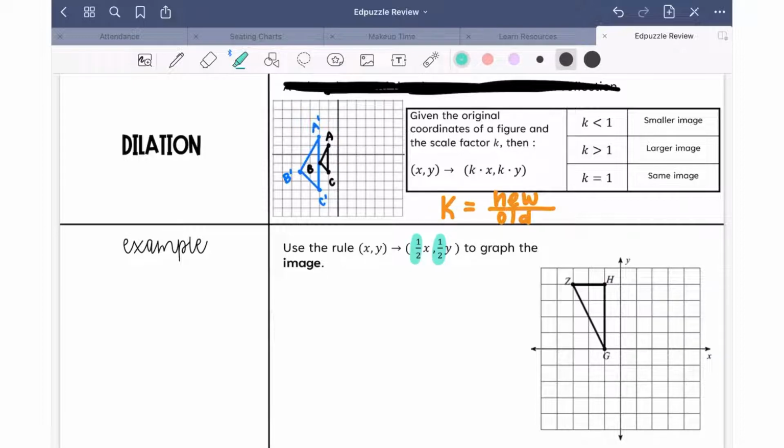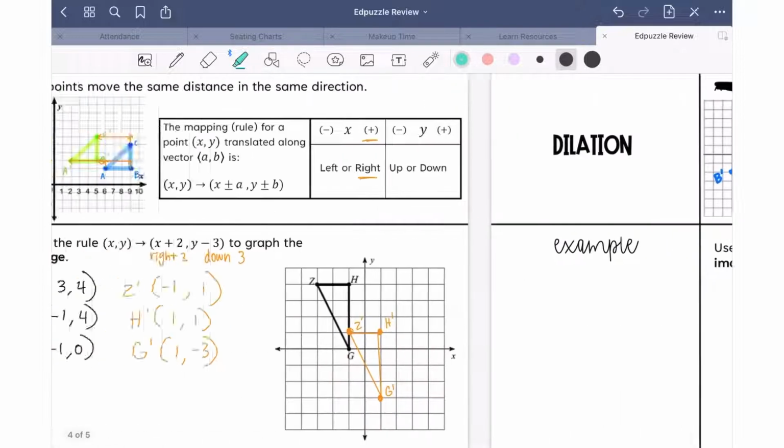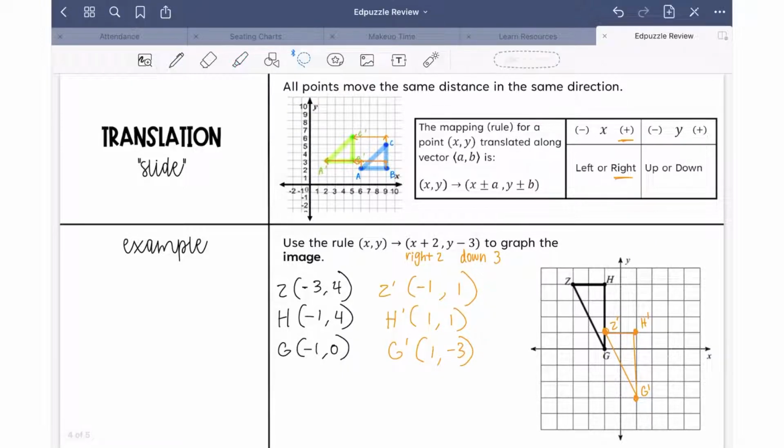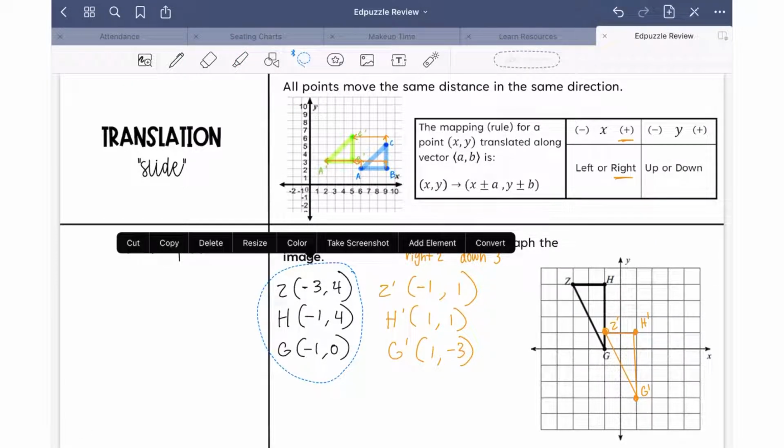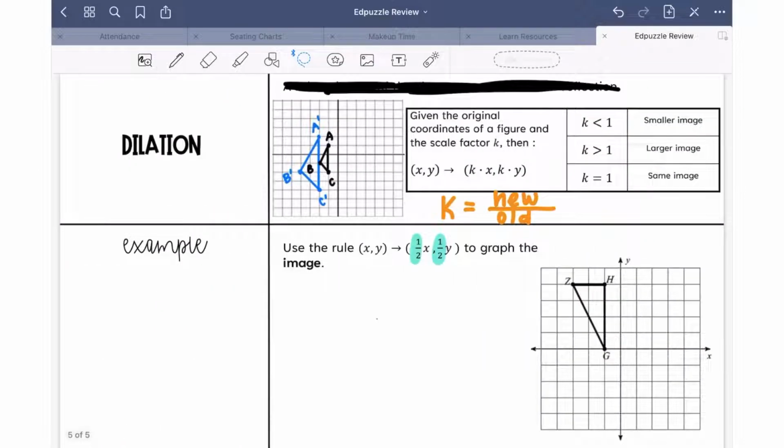Okay, and again, we already know the original points for that triangle because we did it. I'm doing the same triangle. So let's just copy and paste the original. Okay, so those are my original points, and every point is going to be multiplied by 1/2.